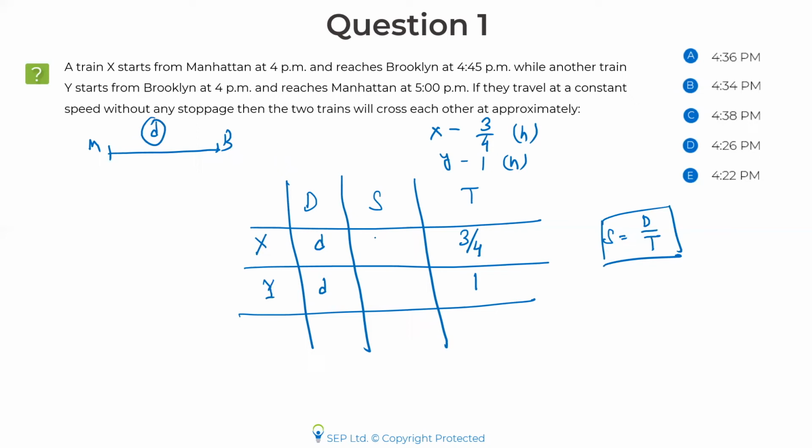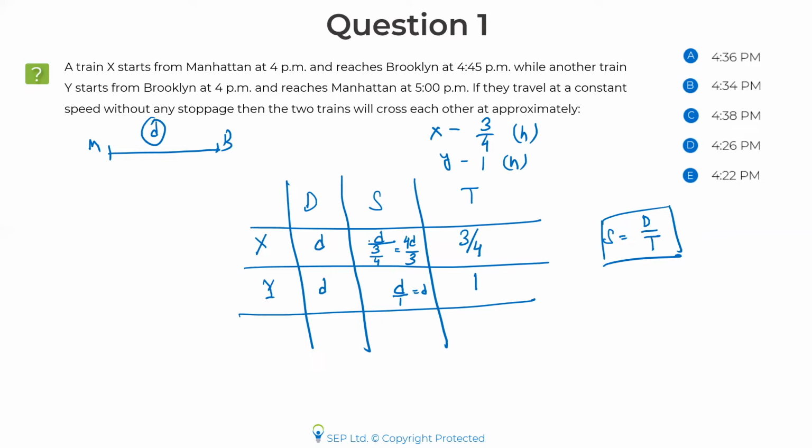With the help of that relation, I can say it's going to be D by 3 by 4, or I can simplify this to be 4D by 3. Similarly, this one is going to be D by 1, or D, that is for Y. Now understand, I have got the speed. What is the speed of these two trains in terms of D?